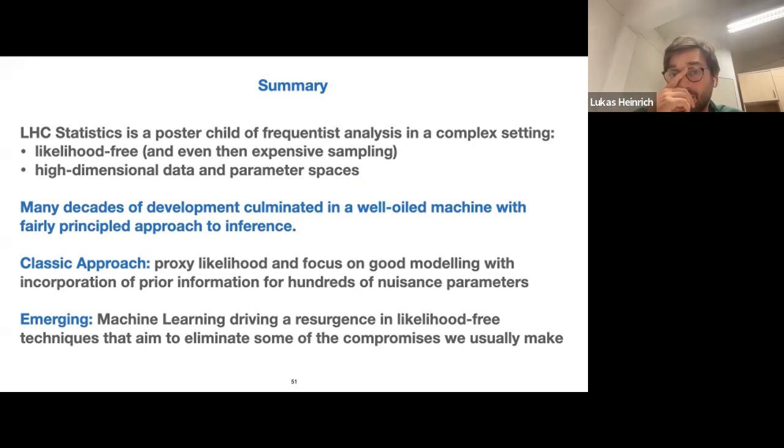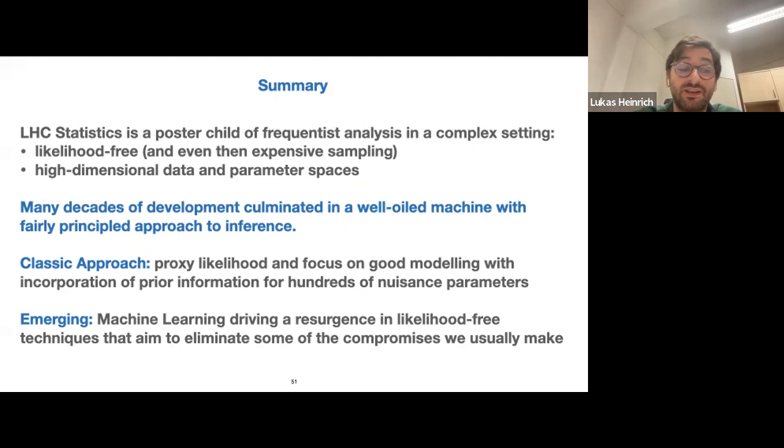We still do quite solid frequentist inference. There are many decades of development that resulted in this well-oiled machine for how we produce these results, partly because of the nice collaboration with statisticians like Michael. The classic approach is not going to change, and we're fairly comfortable with this.